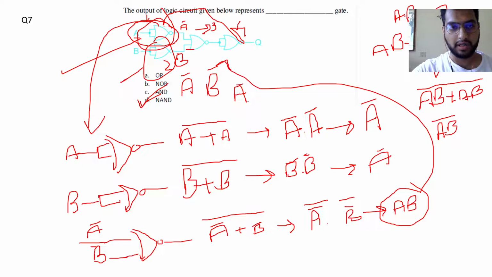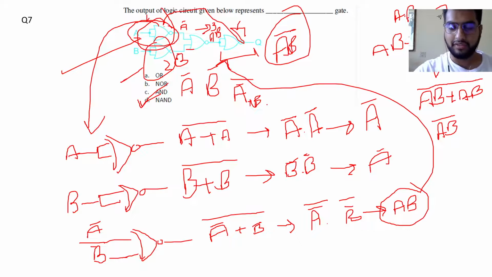So it was (A bar plus B bar) whole bar. Once you knew AB was here, and this was a NOT, it was AB bar. So this was simply NAND. Once you get a hold of the subject, you can easily visualize which gate does which functionality. With experience, you'll be able to do it within a couple of seconds.